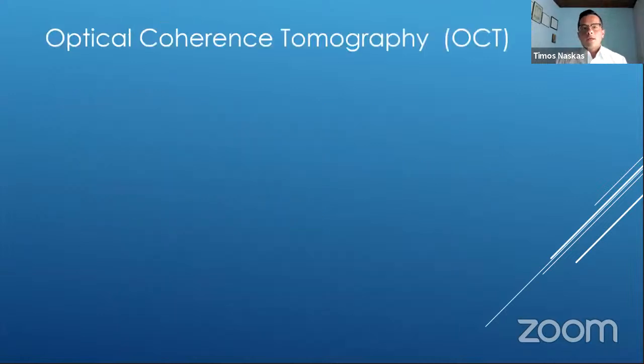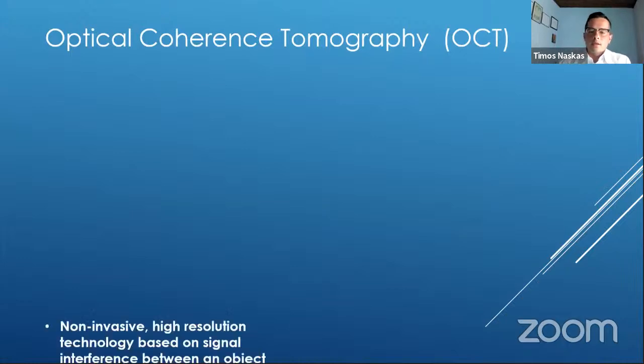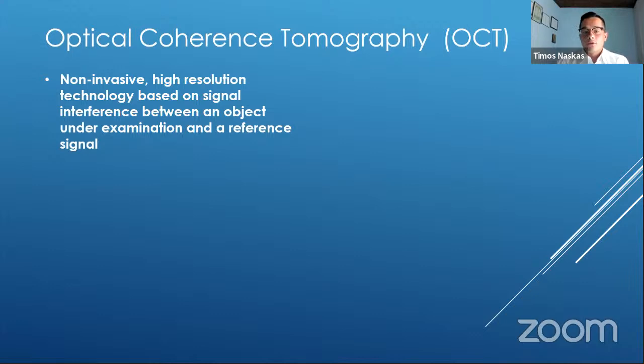So we will shortly discuss OCT. That is a non-invasive and high-resolution technology, which is based on the interference between an object under examination and a reference signal. Briefly, how it works: it produces a beam of light which is split, and one is the reference beam and one is the beam that goes to the examination tissue.